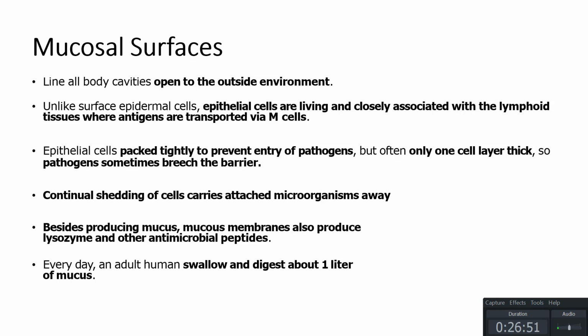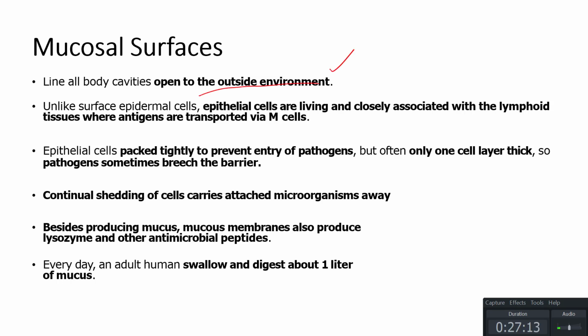Okay, so then we talk about the mucosal surfaces. Mucosal surfaces start from everywhere, like inside the mouth, inside the nose, or the gut and everything. The entry of genitalia in male and female, all these places have mucosal surfaces. So they line all body cavities open to the outside environment.